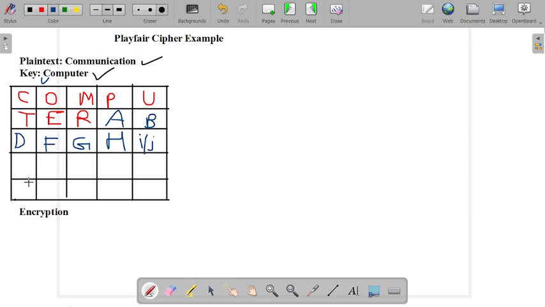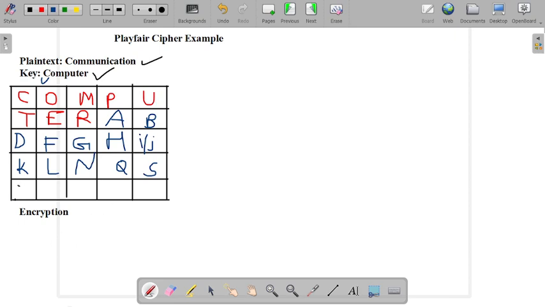After I and J, there will be K, then L, M is already done, then we write N, then O and P are already done in the keyword computer, then we go with Q. Then R is also already done in our key, then after R there is S. Then T is also already done, U is also already done.